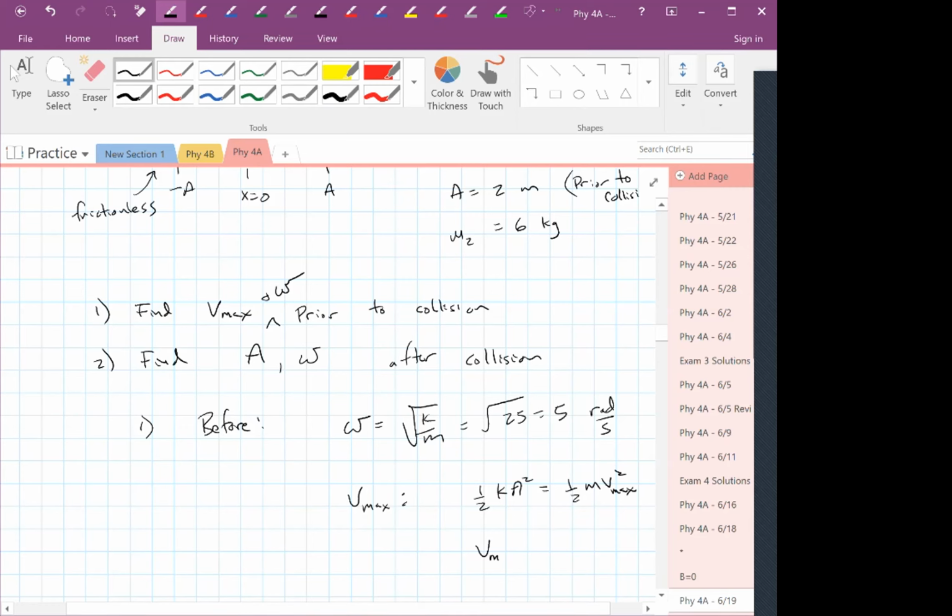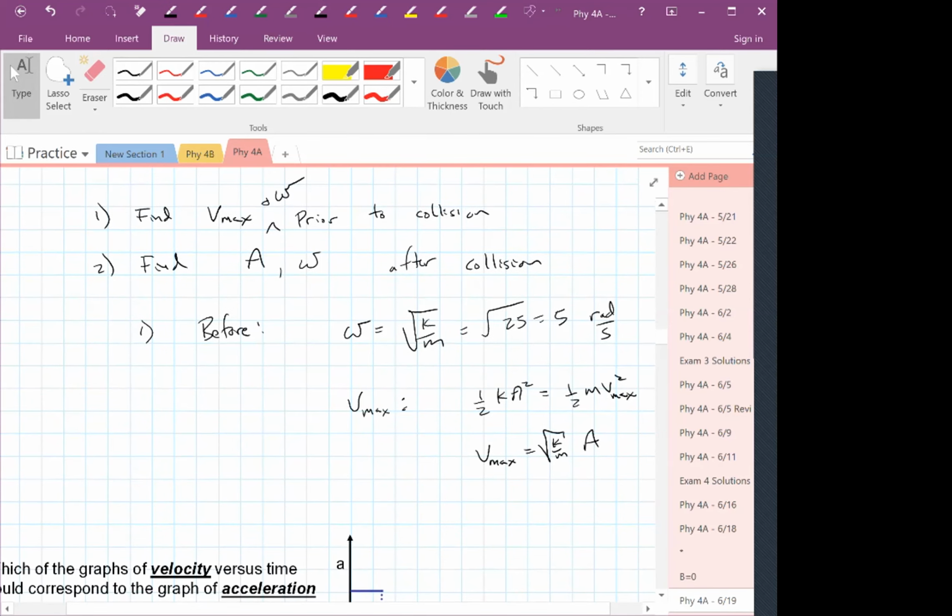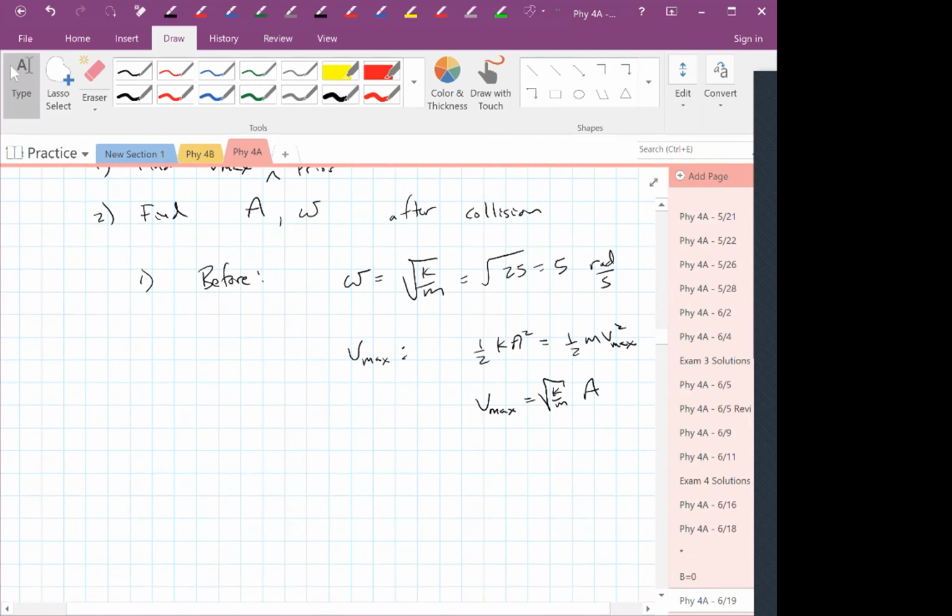So Vmax is the square root of K over m times A, which is omega times A. And what do we get? We get 5 times 2, 10. Is that right? Now we want to know after the collision.